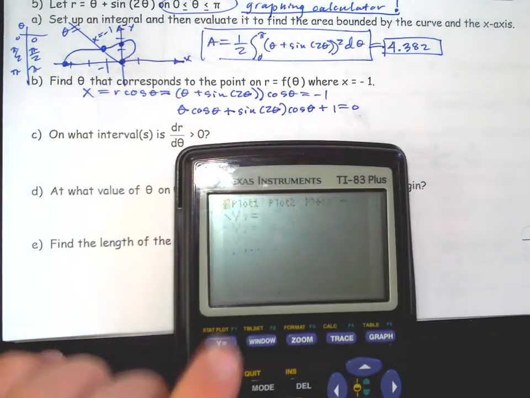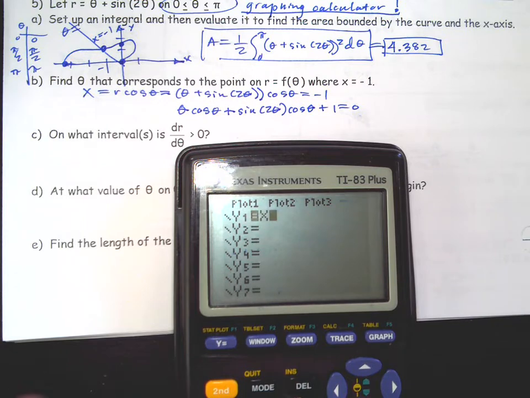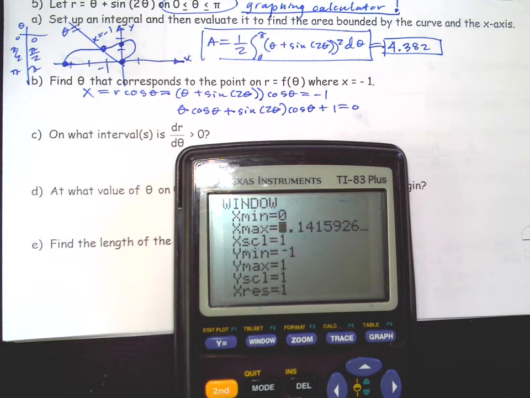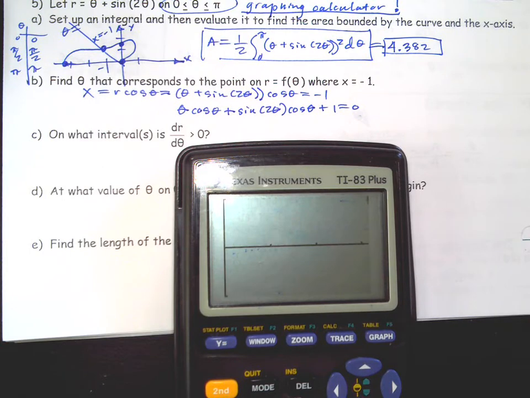So I'm going to go to y equals and put (x plus sine 2x) cosine x plus 1. Go to window, 0 to pi, -1 to 1. I think there should only be one answer. If I get more than one, I should be worried.